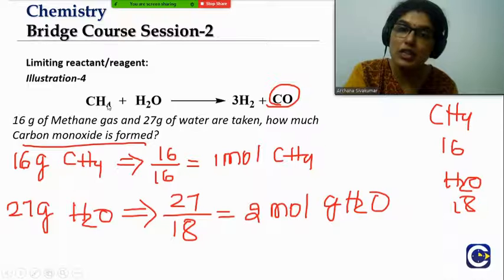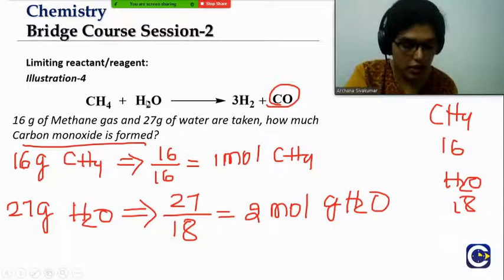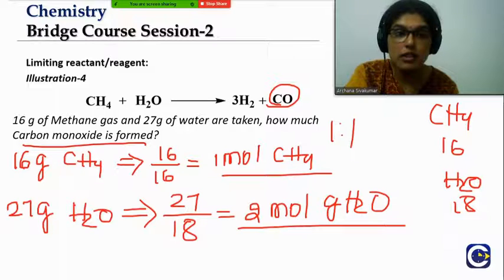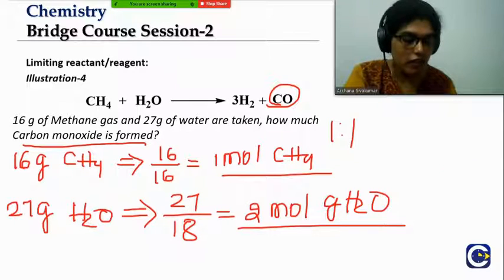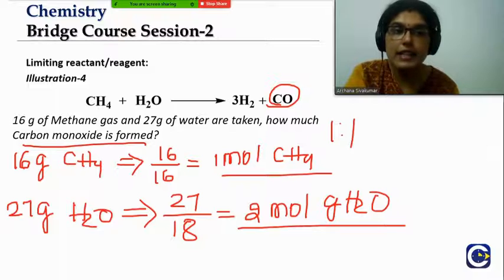The ratio is 1:1, but here the ratio present is 1:2. So water is present in excess. That is why water functions here as the excess reagent and methane is the limiting reagent.